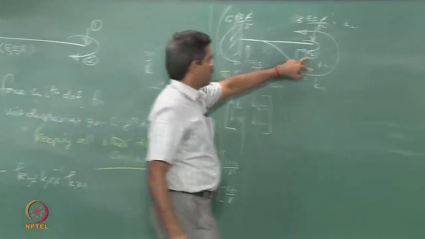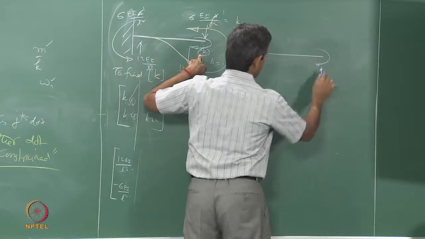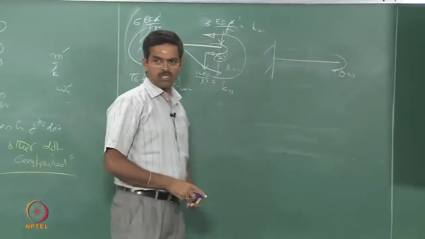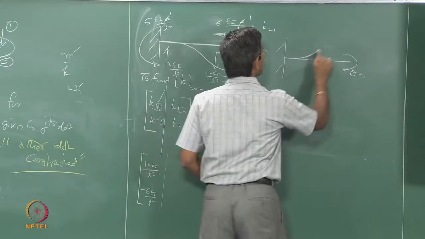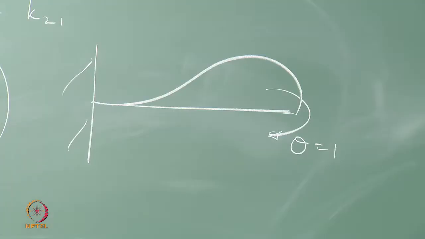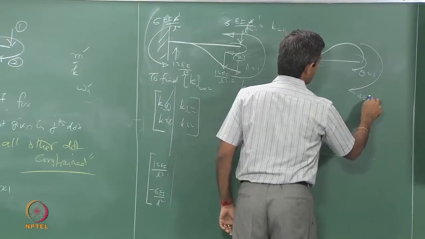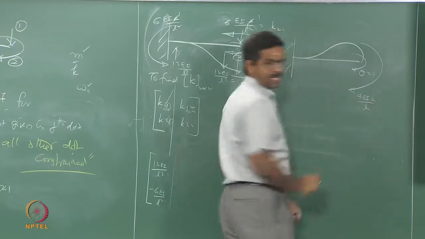Let me move to the second one. I want to give unit rotation. So, hold the stick and give unit rotation, it will move like this. This will invoke a moment which is equal to 4 EI theta by L, classical mechanics.